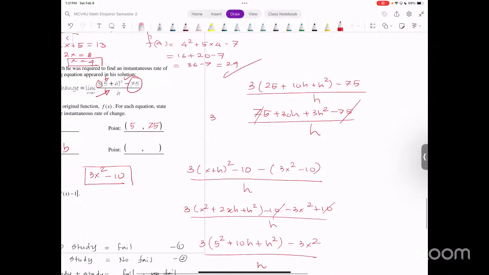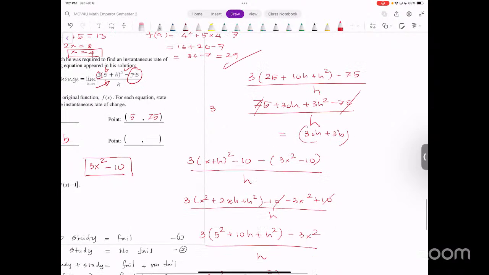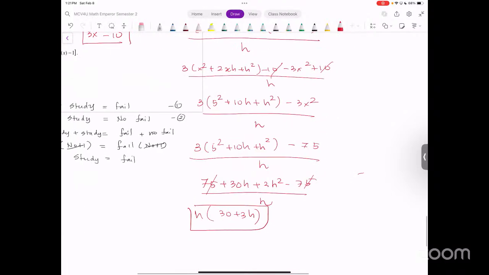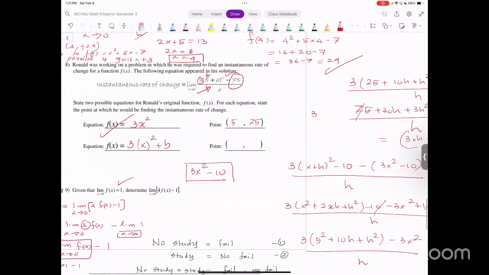So if I common factor h, you get 30 plus 3h. Did I get the same expression? So if this is going to be minus 10, then you will get the same expression. And in this case, the point is not going to be 75. Of course, it's going to be 5. So my other point is going to be 5 squared is 25 minus 5, which is going to be 65, isn't it?